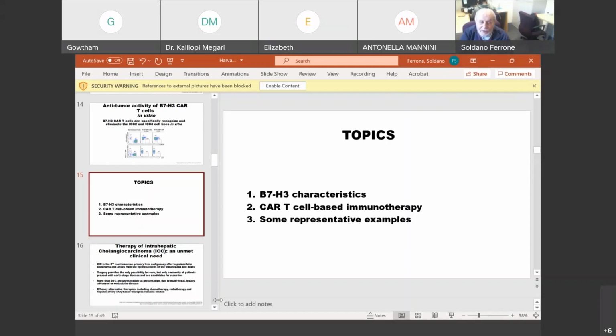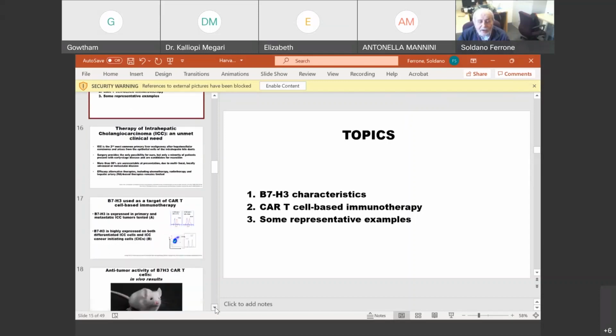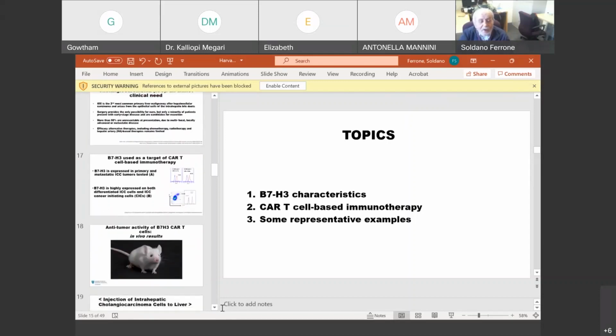But surgery usually can be applied only in a limited number of patients because the patients are diagnosed when the disease is already in an advanced stage and therefore has already metastasized. And the chemotherapy and radiotherapy, unfortunately, are not effective at all.